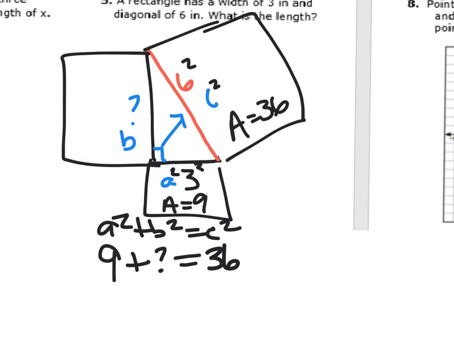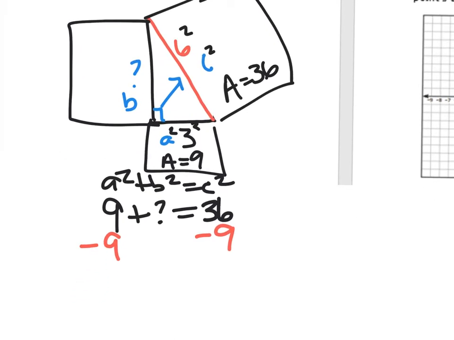To figure out what that something is, we're going to go ahead and work backwards. So minus 9 on both sides. 36 minus 9 is 27. So this missing area is 27.